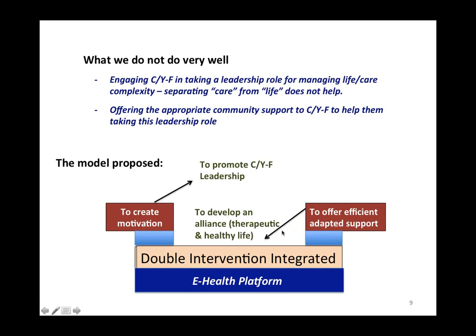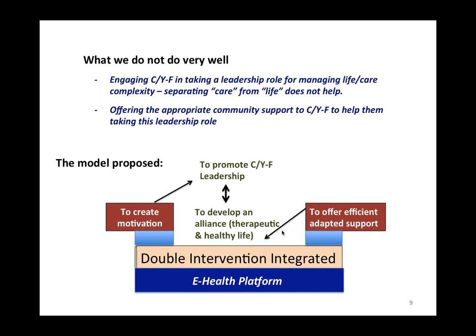In the literature, we find a lot of papers about Therapeutic Alliance as a key factor for bringing people, involving them to become self-managers of their situation. So I didn't put only Therapeutic Alliance because Healthy Life Alliance is also important for them to become self-managers of their own life.